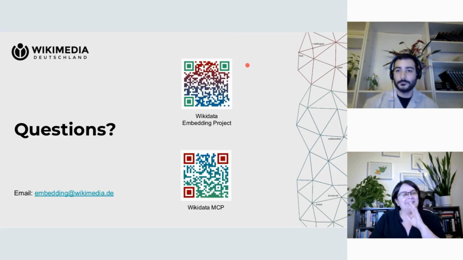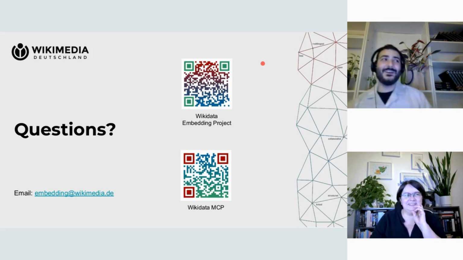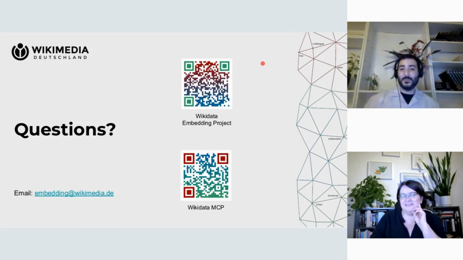Then, amazing username, I love it. Strange Camel Dancer is asking, what is the best way to get involved in the project? What would be the most helpful? Is there a prioritized list of tasks to pick? We want to keep it open. We want to let people create whatever they can think of with the vector database, any type of project that might be interesting for you.